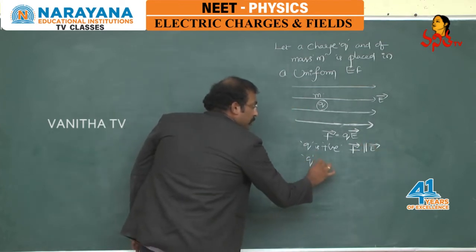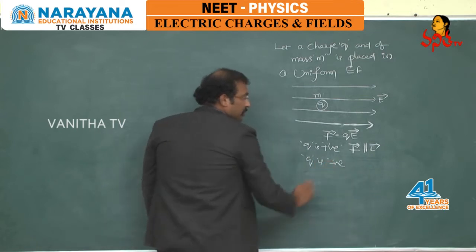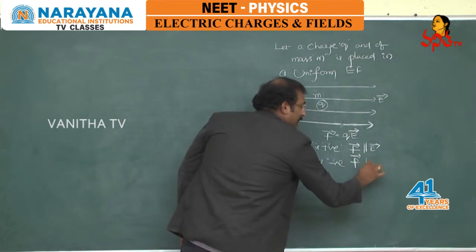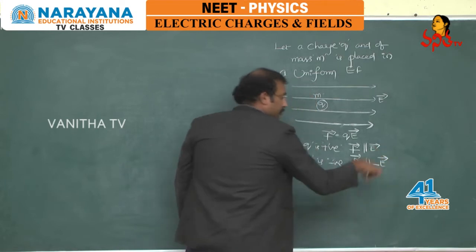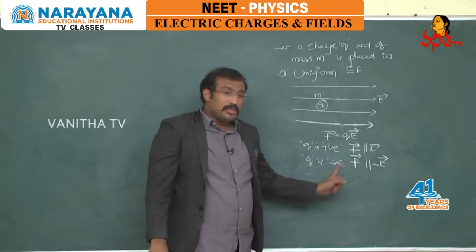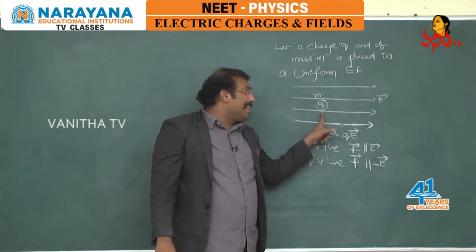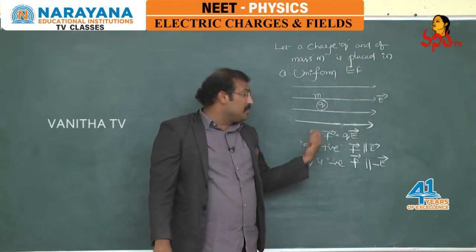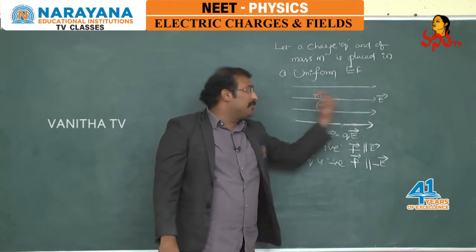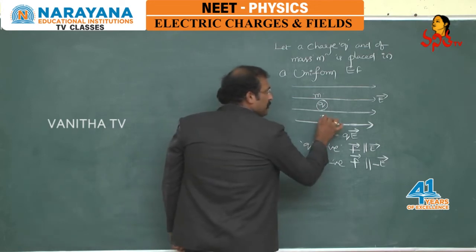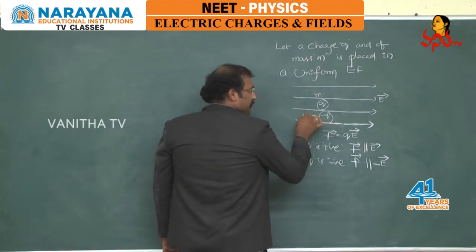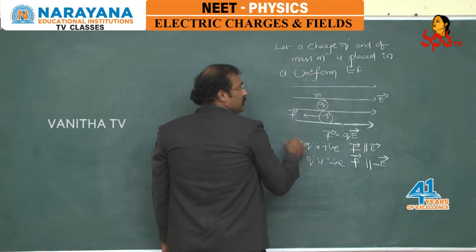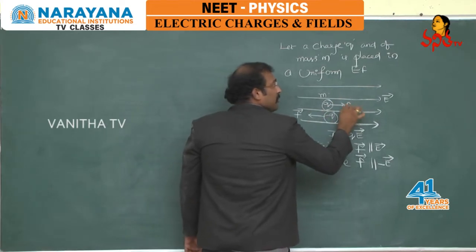If Q is negative, F bar is anti-parallel, along minus E bar. That is, the force on a negative charge is in the opposite direction of the field. If this is positive, the force will be in this direction, and for negative it will be in the opposite direction.